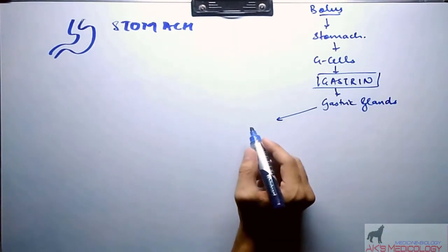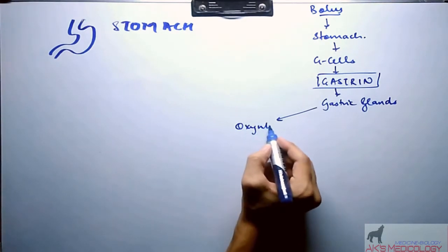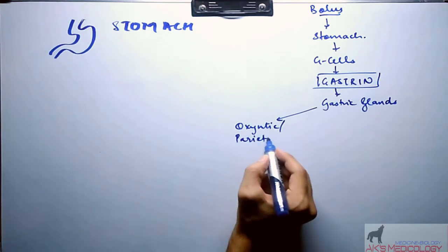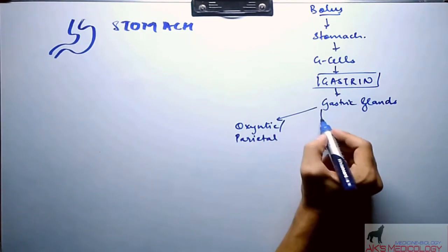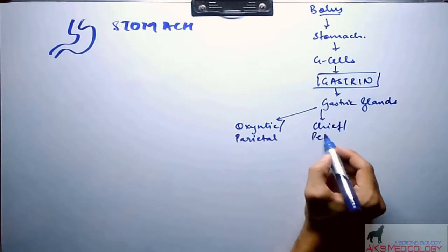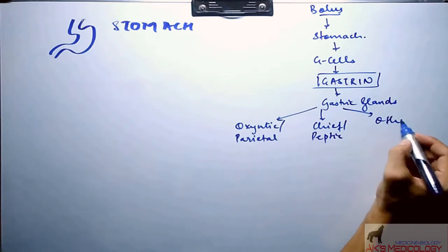The cells which are stimulated are oxyntic or parietal cells. Second, chief or peptic cells, and some other cells.